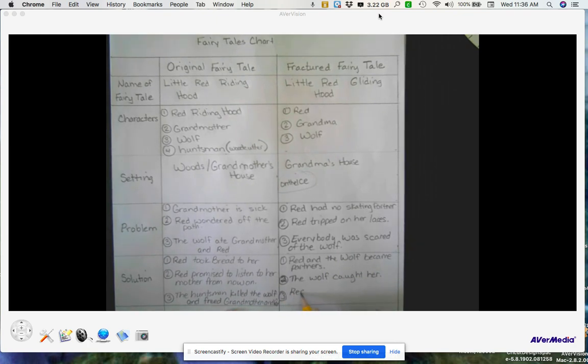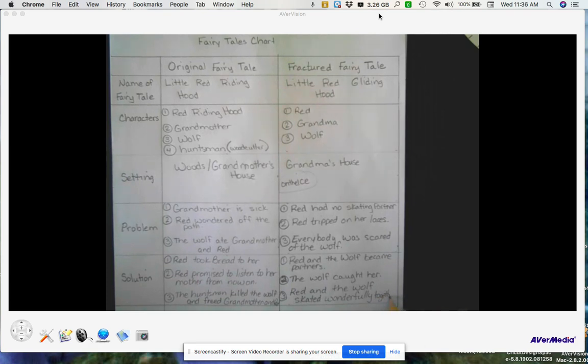Well, Red and the wolf skated, I'm going to use the word wonderfully together. And then the crowds were no longer afraid of the wolf, right?